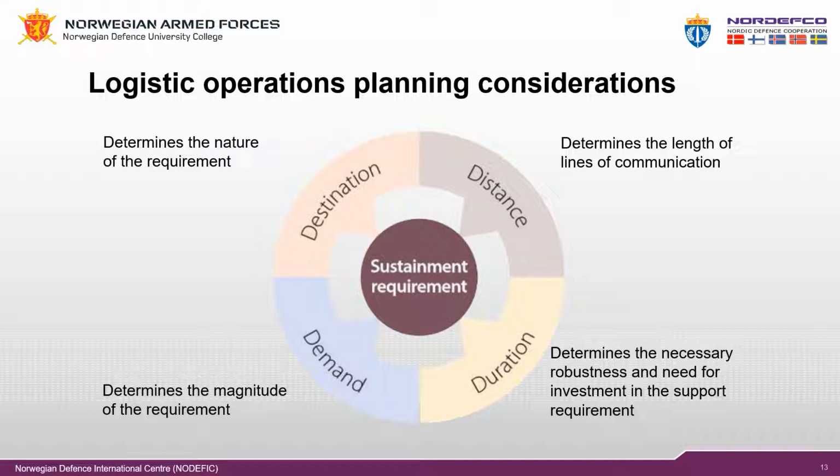The logistical estimate process uses the 4 Ds: demand, distance, duration, and destination. Demand identifies the forecasted quantity and pattern of consumption or usage of material and services.